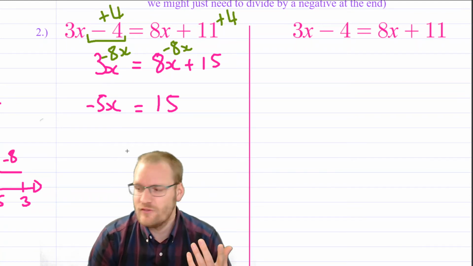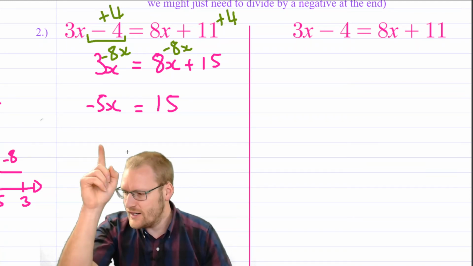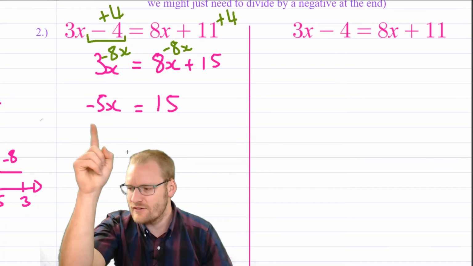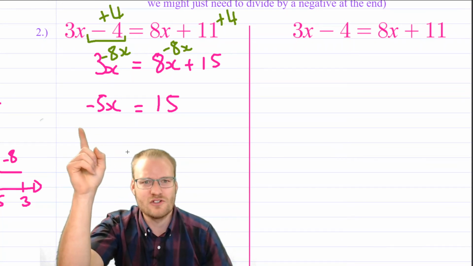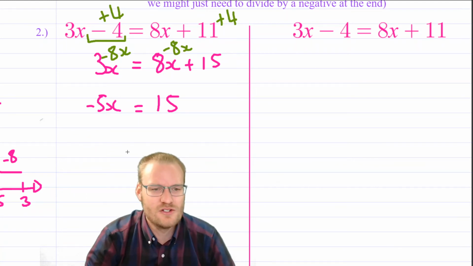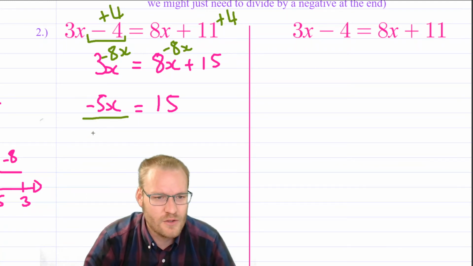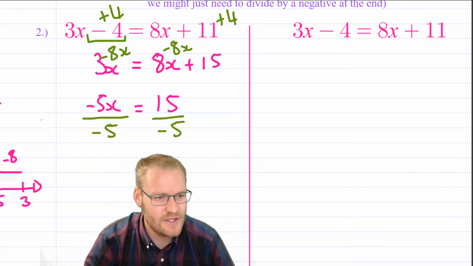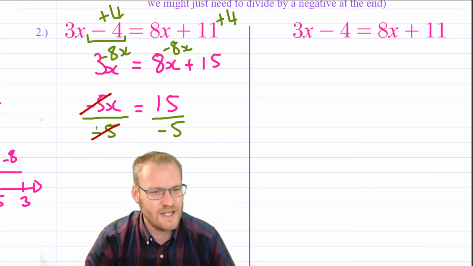Same strategy we've always been doing. What's that in front of the x? What we call the coefficient. It's negative 5. So what do we need to divide by? If we divide by negative 5, and whatever we do on one side, we do on the other, then this negative 5 will cancel, and we're just left with x.